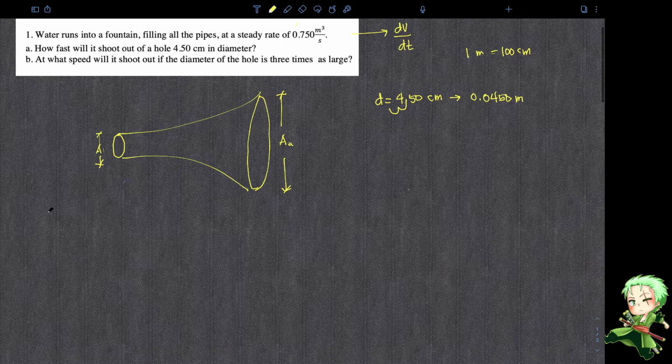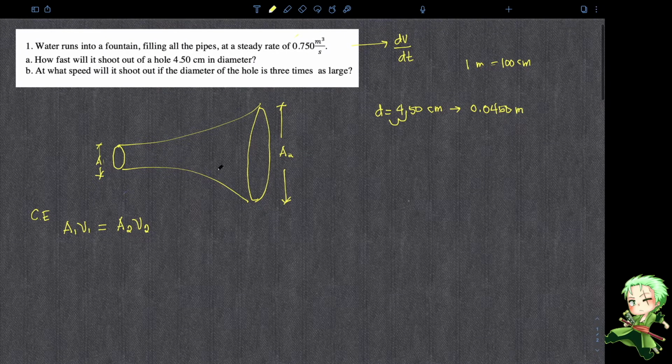Remember also from the continuity equation, so I'll put it CE, the continuity equation actually gives us A1 multiplied by the velocity at that cross-sectional area, and it is just equal to A2 multiplied by the velocity at that specific cross-sectional area.